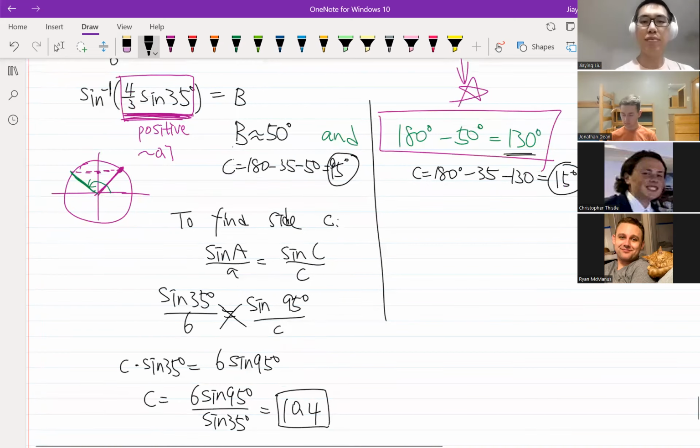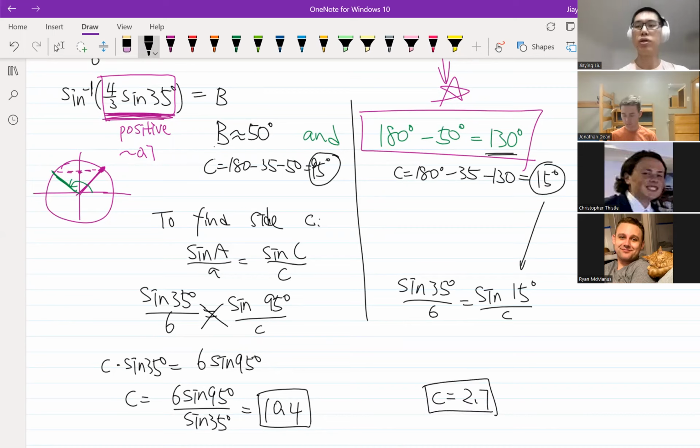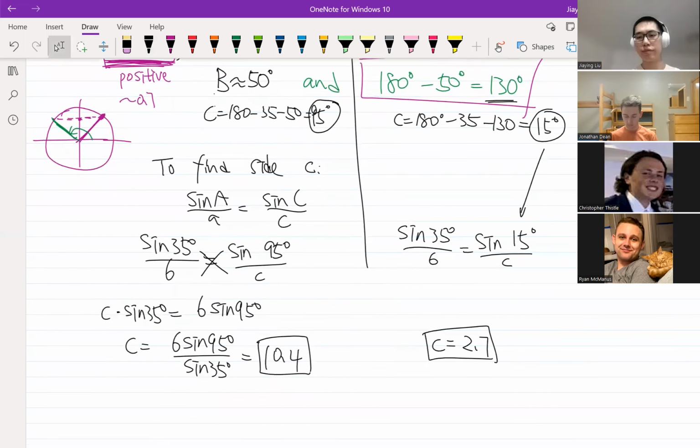We're going to do the same thing for the second triangle. So we get sine 35 degrees over 6 equals sine 15 degrees divided by C. If we cross multiply again, we get C equals 2.7. So we just have two triangles. Any questions on this?